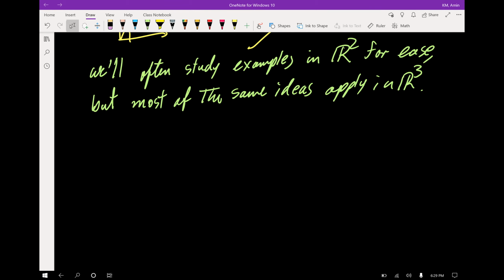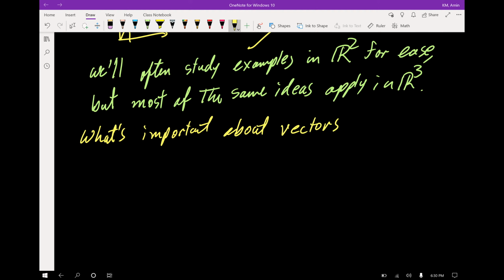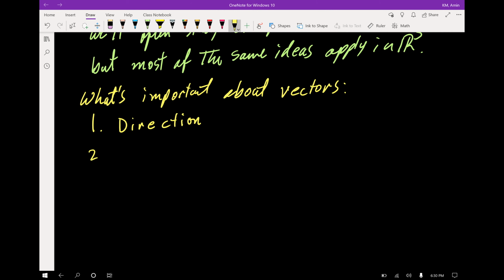So what's important about vectors? Direction. And the second part is magnitude, which is the length.